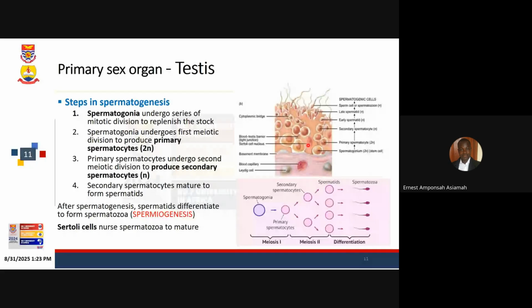Whilst the sperm cells are undergoing that, the Sertoli cells will nurse them. They will support them, provide nourishment, and ensure that they are well kept until they are fully matured.